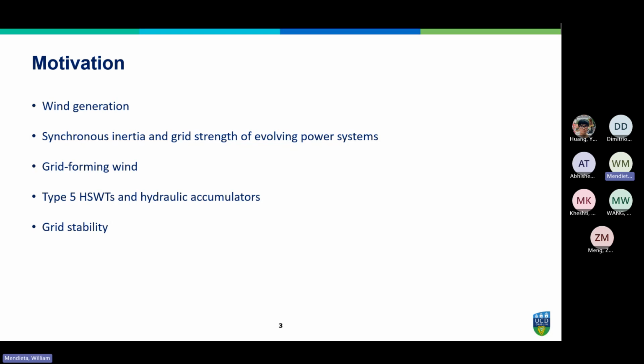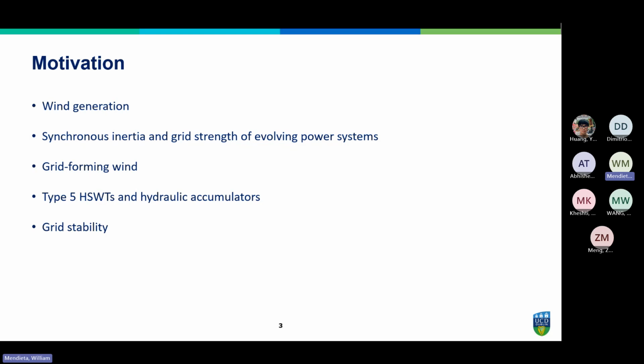Hydrostatic wind turbines use a hydrostatic transmission to transmit power from the turbine rotor to a directly grid-connected synchronous generator, which provides several advantages such as voltage support, large fault currents, a natural inertial response, among others.